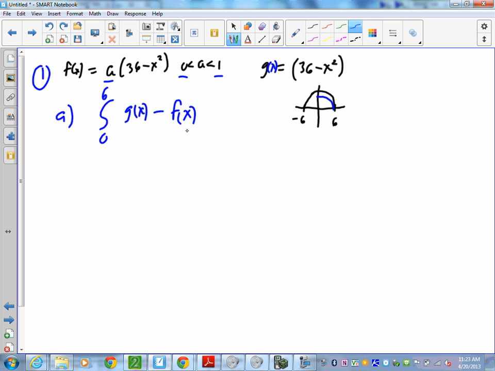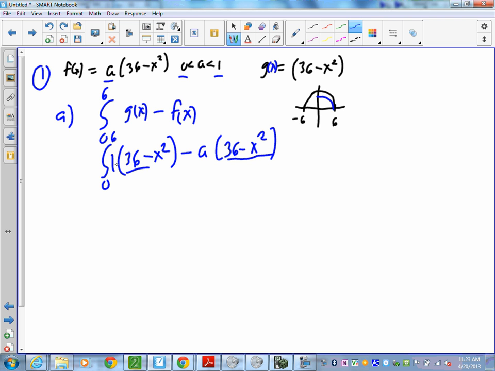Perhaps take this a step further on this one. G of x is 36 minus x squared. This is a times 36. One way to look at this is that both have 36 minus x squared.